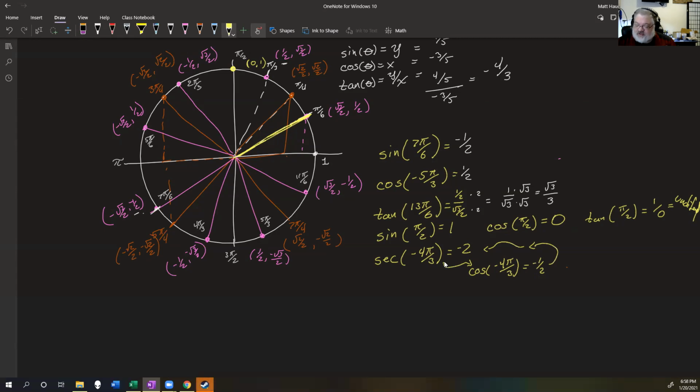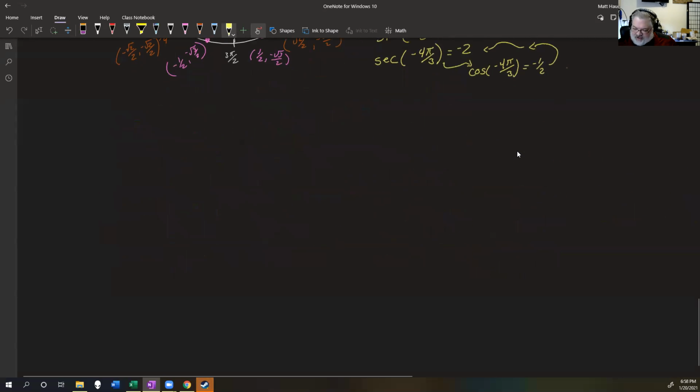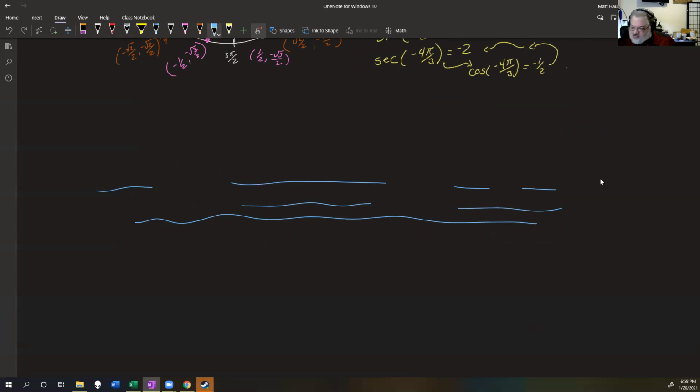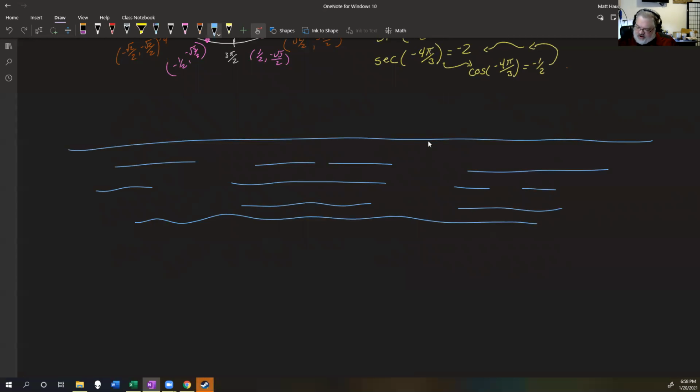So one of the ways that you use this in practice is, let's say, for example, you're trying to figure out how far it is across that proverbial river, so you can build your bridge or whatever.